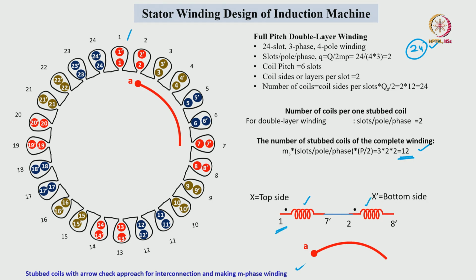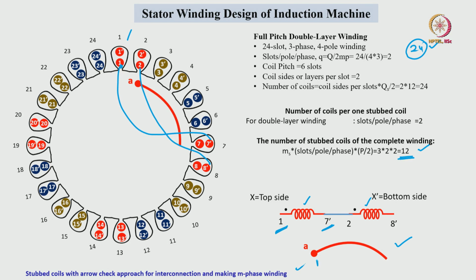So, the first coil is placed in slot 1 top side and slot 7 bottom side, that is this one, and slot 2 top side and slot 8 bottom side. These two coils we are making as one stubbed winding, and it is a virtual representation for these two coils.